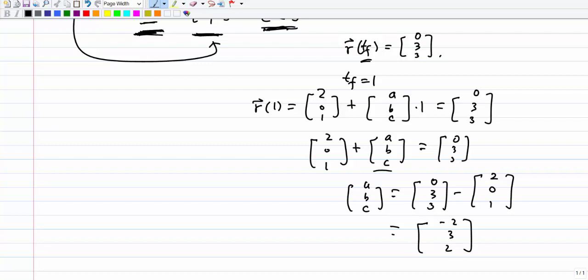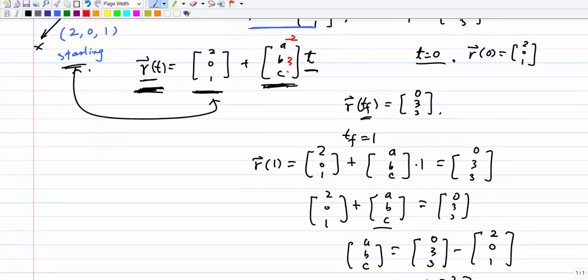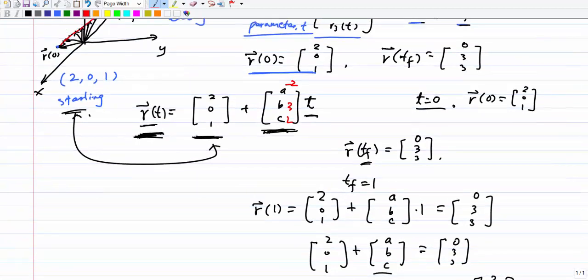If I put these three values here, at least I can guarantee my r(tf) will indeed be (0, 3, 3), with tf equal to 1, of course.